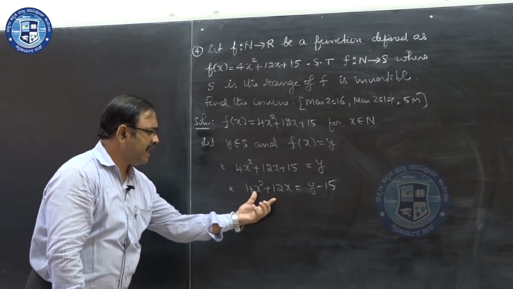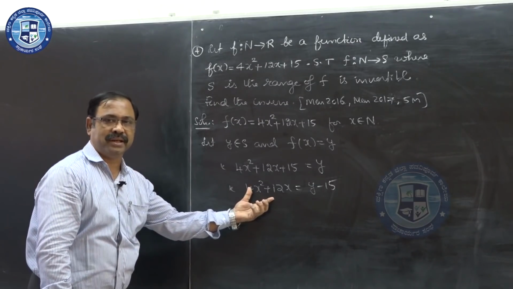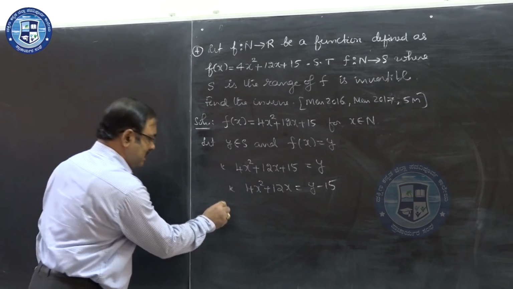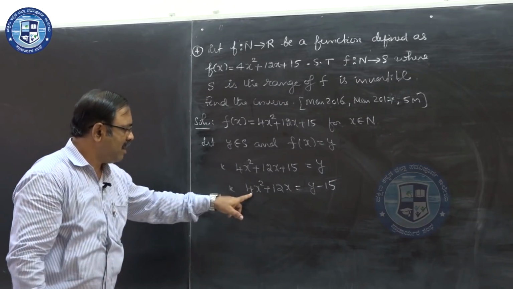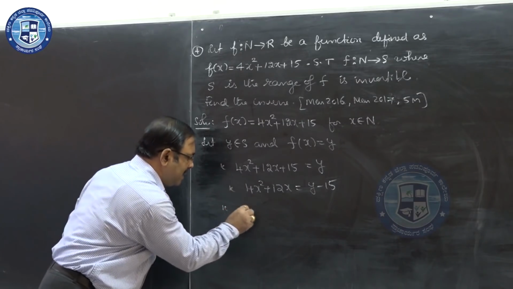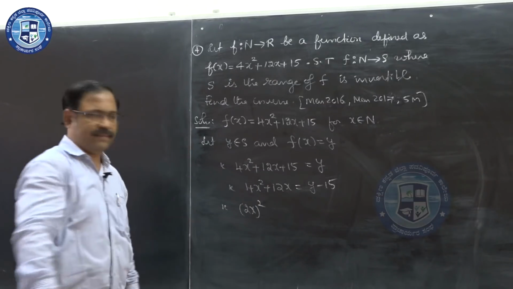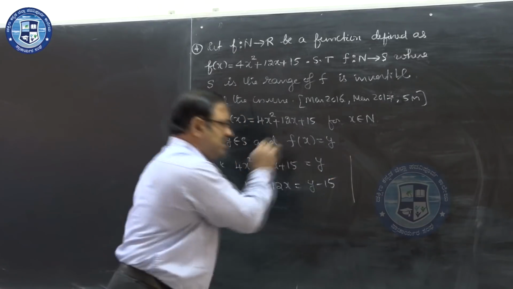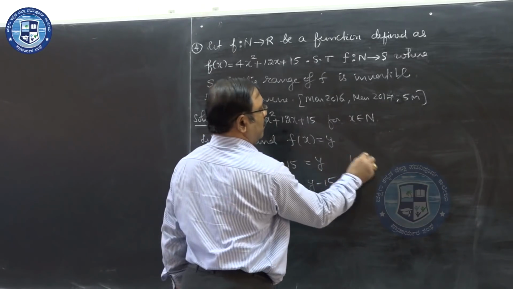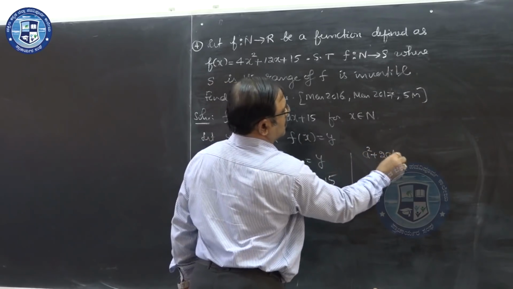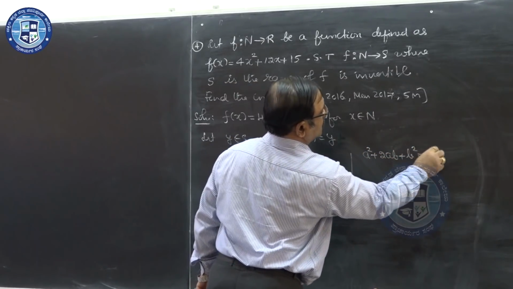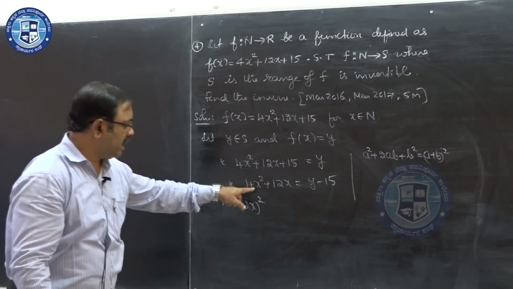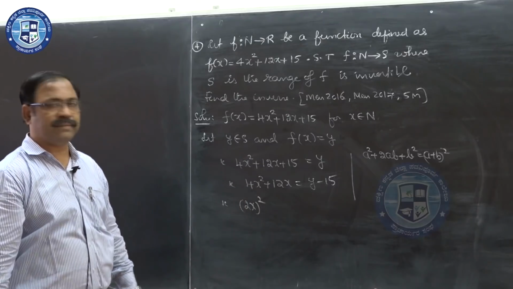Now I am completing this left hand side expression into a perfect square. How? This is 4x square, correct? What is 4x square? It is nothing but 2x the whole square. Now just to recall, we have a square plus 2ab plus b square is equal to a plus b the whole square, correct? So here I am writing 2x the whole square.